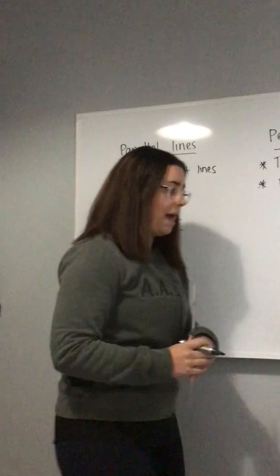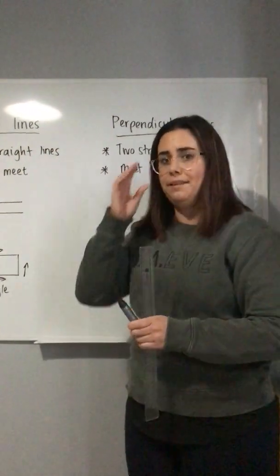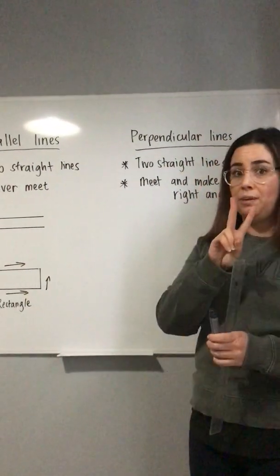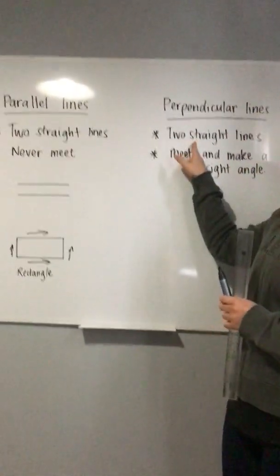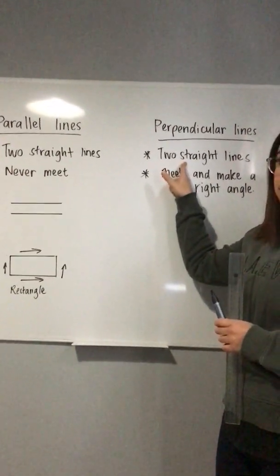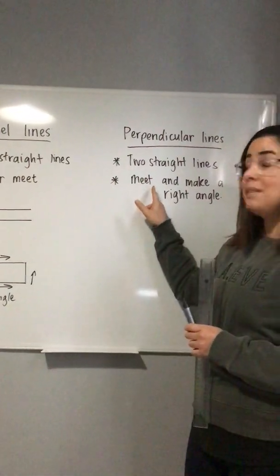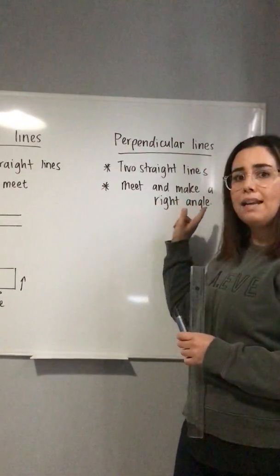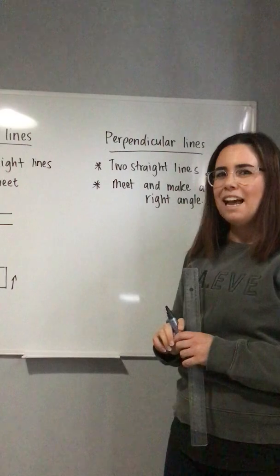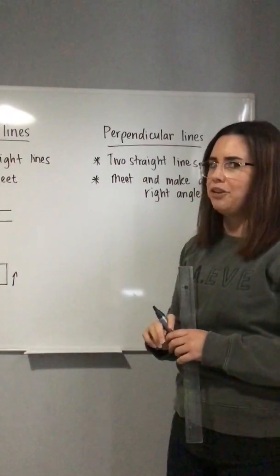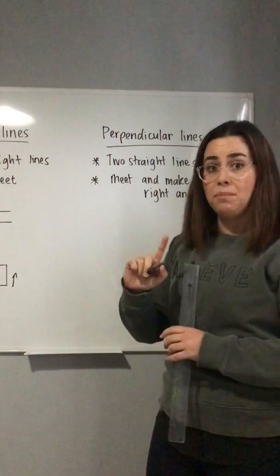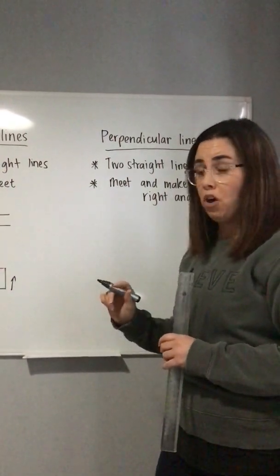Now we're going to talk about perpendicular lines. Now there's two things we need to know about perpendicular lines as well. They are also two straight lines, but these ones meet and make a right angle. Now you might be thinking, Mrs. Searle, I don't know what a right angle is, but that's okay. I like to remember it by thinking of a clock.